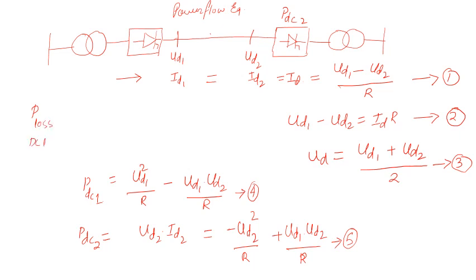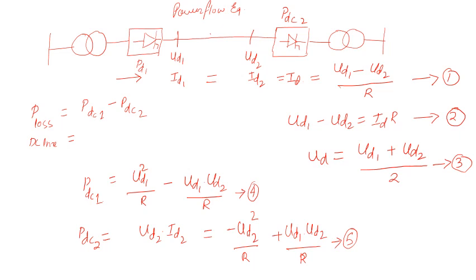So power loss in the DC line, this line I am talking about. The power loss will be the difference of the power at the PDC1 side and the PDC2 side, right? So PDC1 minus PDC2. So subtract 4 and 5.